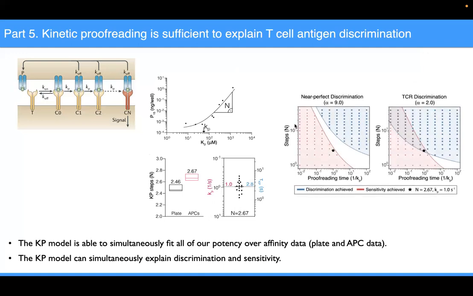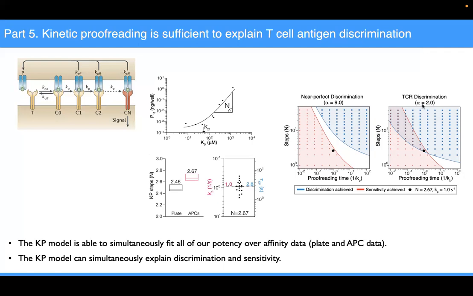And so again, the long story short is that if you're trying to get the T cell to exhibit perfect discrimination, then as you vary the proofreading steps or the rate of each step on the x-axis, what you find is that you can have regions where you could achieve this perfect discrimination of alpha equals 9, but those regions of parameter space don't overlap with the high sensitivity regions.